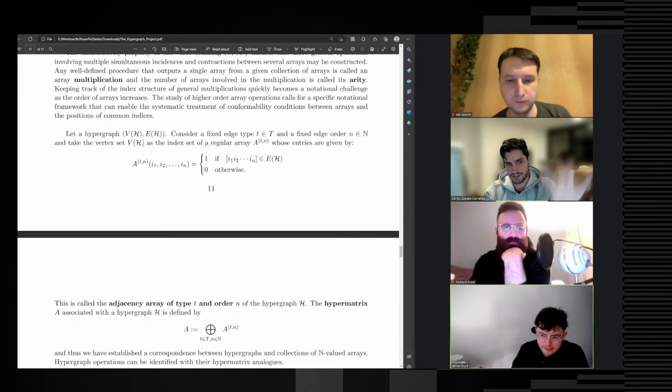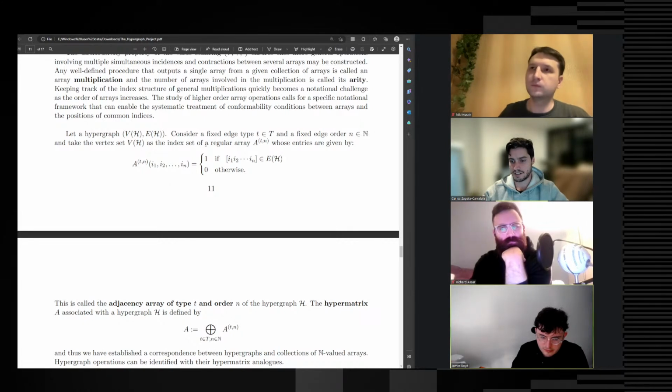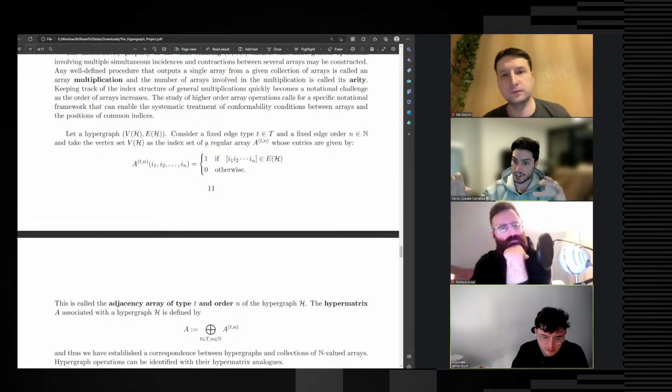I mean, you just restrict to the binary case, and you do conventional graphs, and you find the usual multiplying by the adjacency matrix corresponds to sending densities over the graph and all these interpretations. So all those things generalize naturally as long as you keep this incidence and contraction framework in mind.